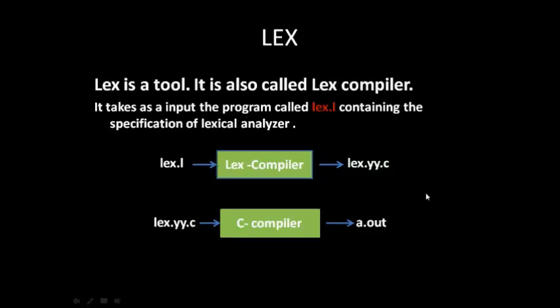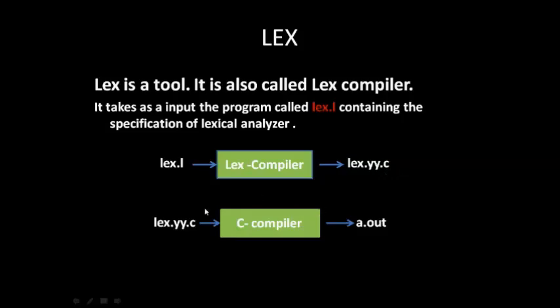So if you have this Lex tool, you don't need to write a program to implement the lexical analyzer. You just write a program called lex.l, and in that program you specify the specifications of the lexical analyzer. This lex.l will be taken as input by the Lex compiler, and the Lex compiler will give a C program as an output, and that C program will be lex.yy.c.